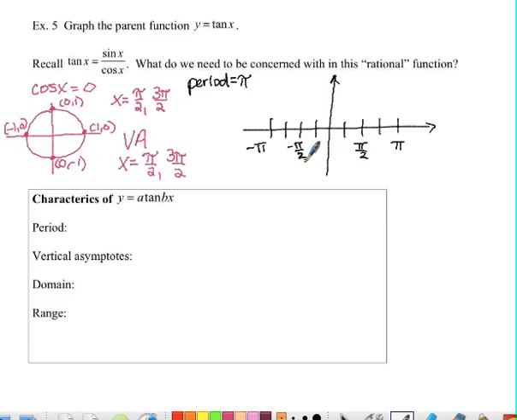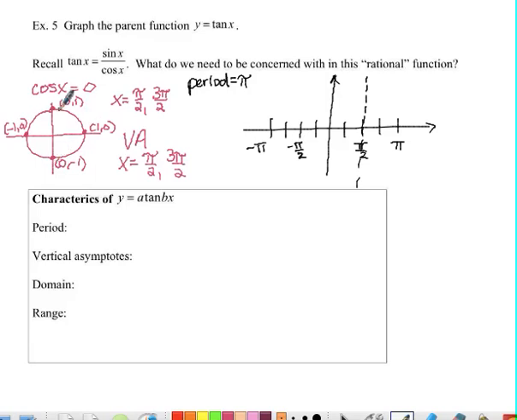But what I want you to notice is with tangent, I have a vertical asymptote at pi over 2. So I'm going to put my vertical asymptote here. And then let's come over here to the graph. 3 pi over 2 is the same thing as 270 degrees. Isn't that the same thing as negative pi over 2? Isn't that the same location?